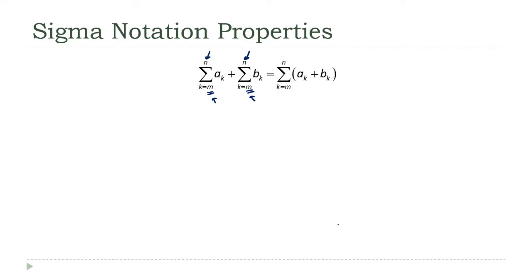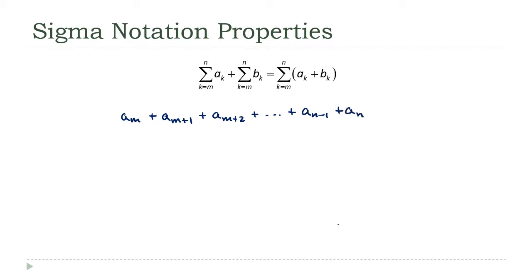So to confirm this, we're going to start, let me clean up here a little bit. There we go. We're going to start by writing out each summation in its respective expanded form. So the first one is going to become a sub m plus a sub m plus 1 plus a sub m plus 2 plus so on out to a sub n minus 1 plus a sub n.